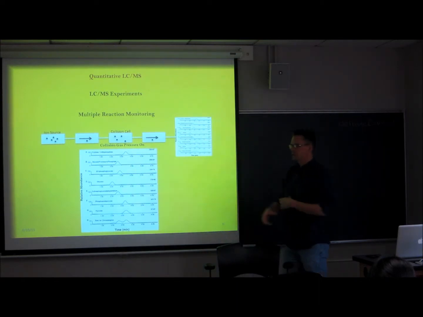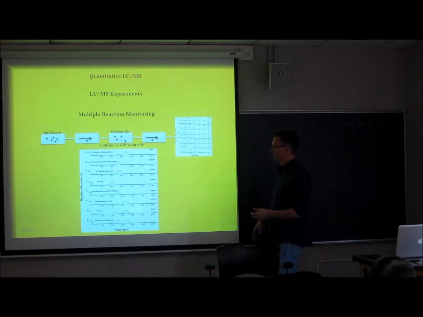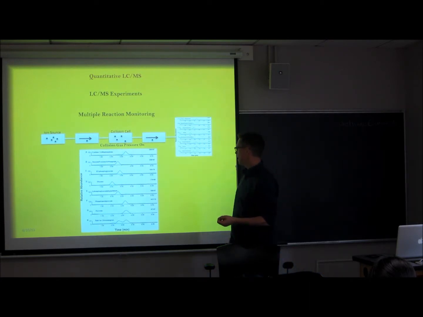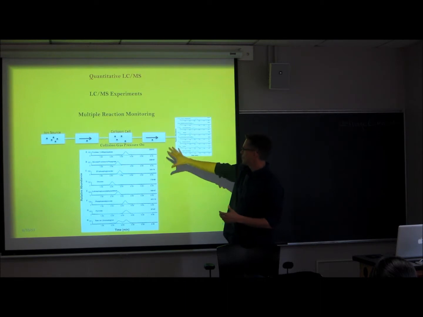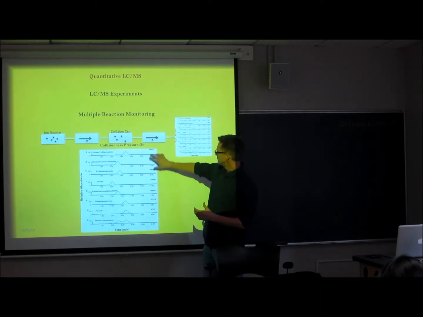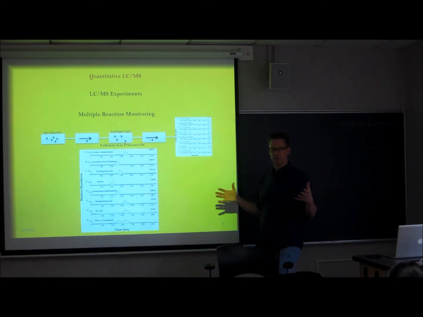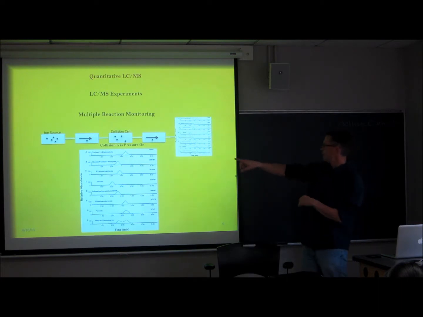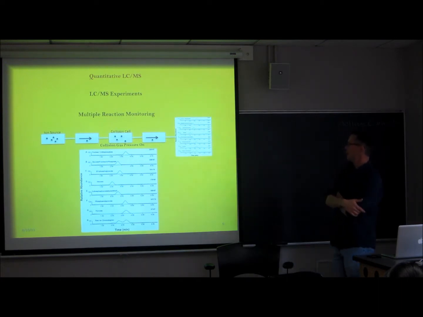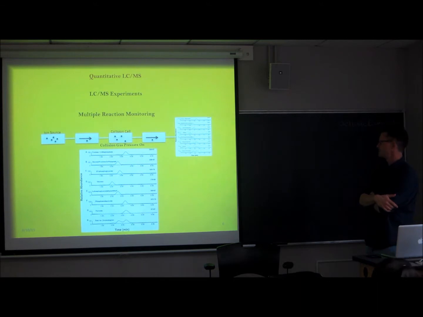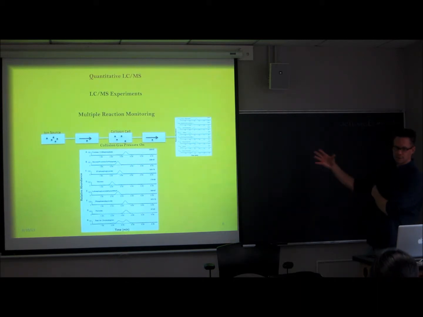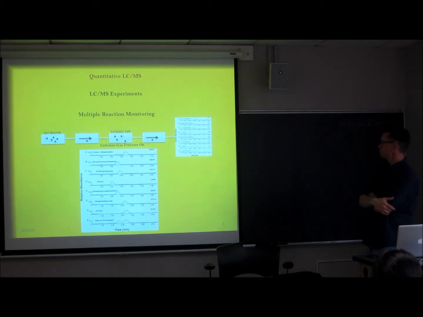We can take a cell extract from a bacterium and set up a method with MRM transitions, parent to fragment transitions, for all of these different compounds, and monitor those simultaneously in one experiment. Every time you see that MRM transition within the mass spec, you're going to get a chromatogram. Then go in and measure the areas of those with standards, form a calibration curve, and do your quantitation.